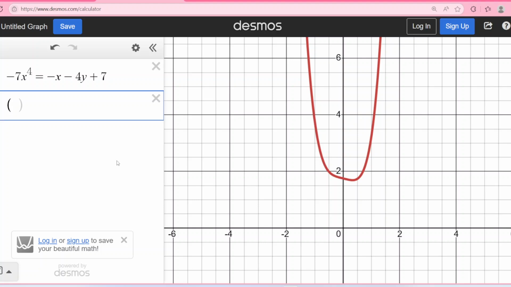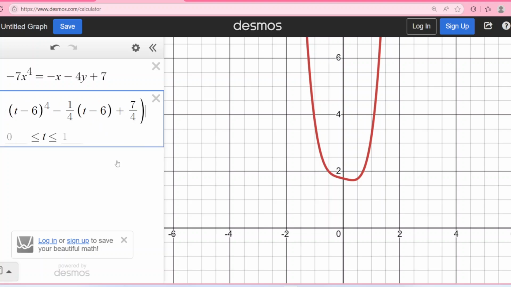So left parenthesis, and then the x coordinate in terms of t, that was given to us as t minus 6. I'll type that. Then a comma, and then the y coordinate in terms of t, the thing I found on paper: 7/4 times the quantity t minus 6 to the fourth, minus 1/4 times the quantity t minus 6, and then finally plus 7/4. And then close the parentheses.